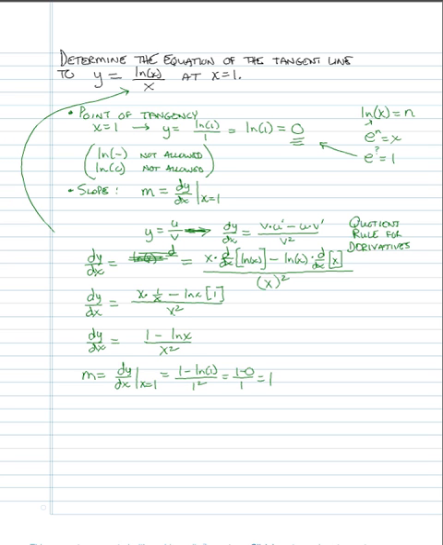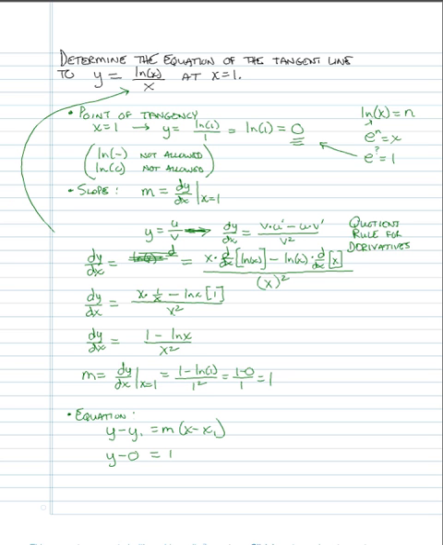Now, what we could do here then, next is that we'll come up with the equation. And to come up with the equation, of course, we use y minus y sub 1 is equal to m times x minus x sub 1. And our y sub 1 is the y value of our point of tangency, and we calculated that to be 0 up above.